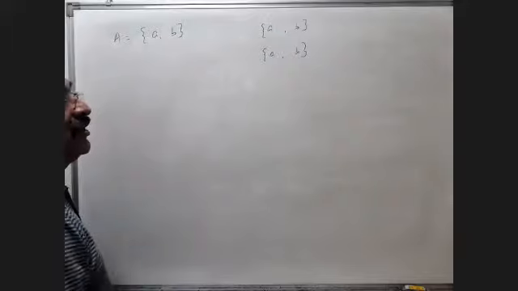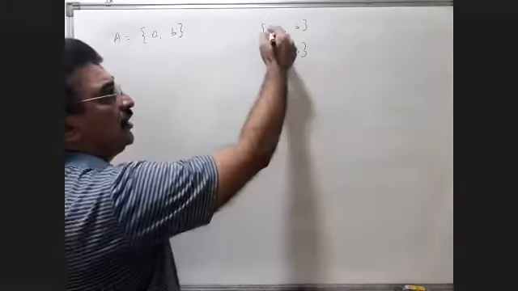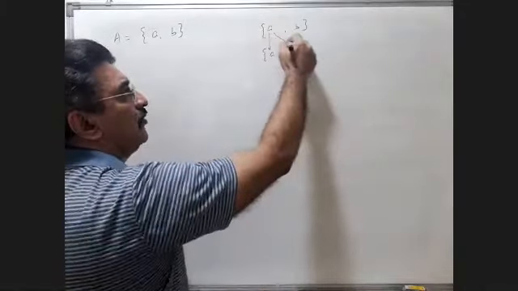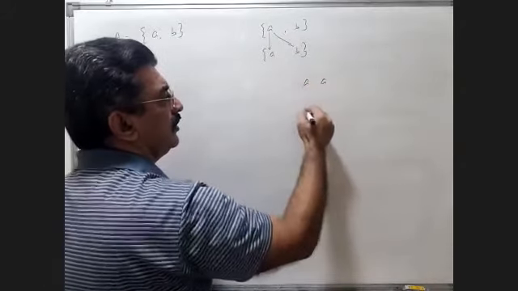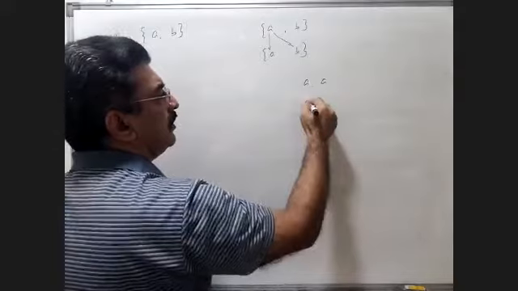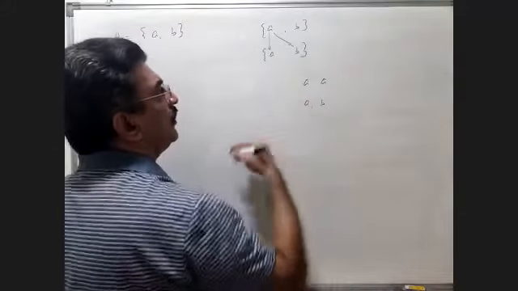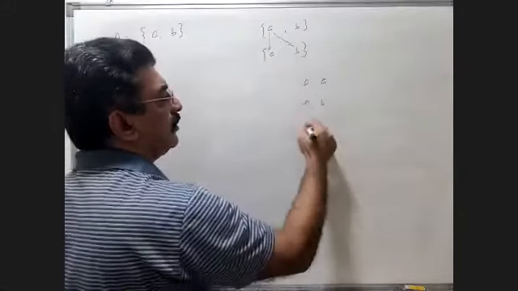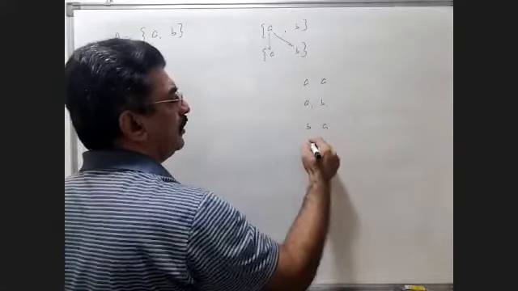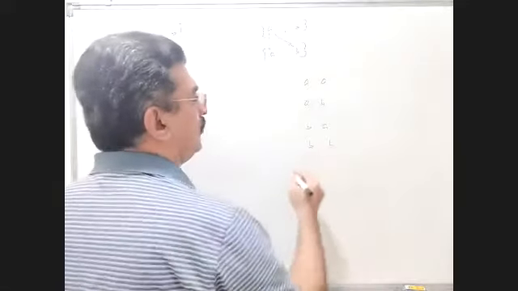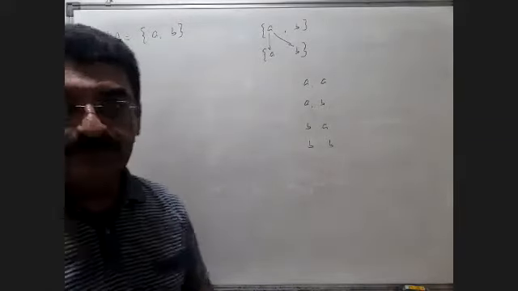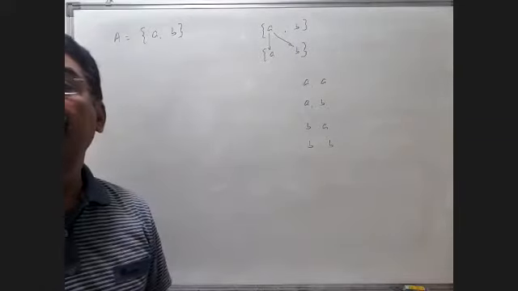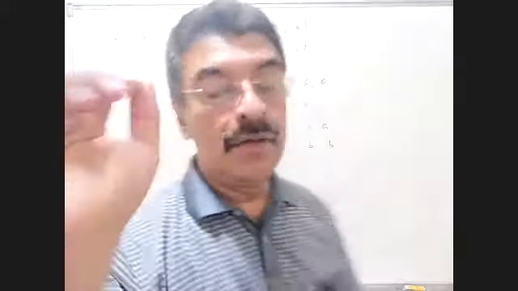So the pairs in A cross A will be: take the first element a, pair it with a and b. So (a, a), (a, b). Then taking the second element b, (b, a), (b, b). These are the 4 elements in A cross A. Okay.